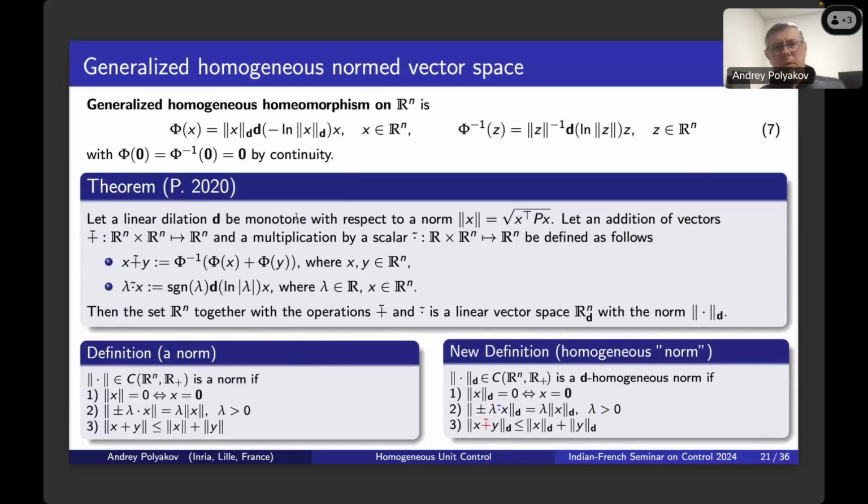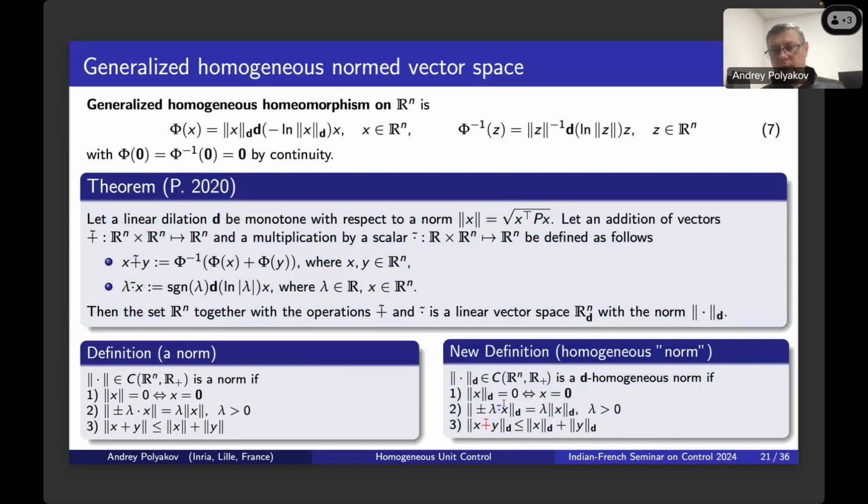And with such a canonical homogeneous norm, we can modify our space Rn to a generalized homogeneous Euclidean space where we change the rules for summation and multiplication using this canonical homogeneous norm, and construct a new vector space in which we have different rules for summation and multiplication by scalar, but in this vector space, this strange object we introduced before, the canonical homogeneous norm, is a norm in the usual sense.